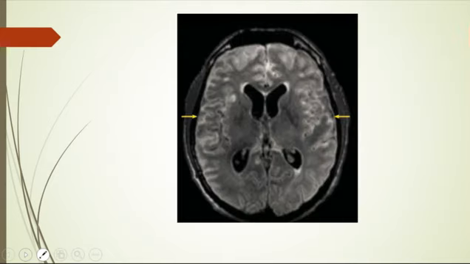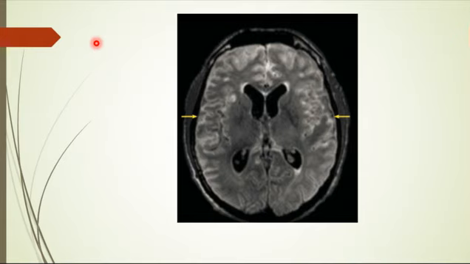So, okay. What do we have here? This is a brain, axial FLAIR image, exactly. Hyperintense sulci. So, this is called CSF or subarachnoid or sulcal hyperintensity sign. There is a big differential diagnosis.